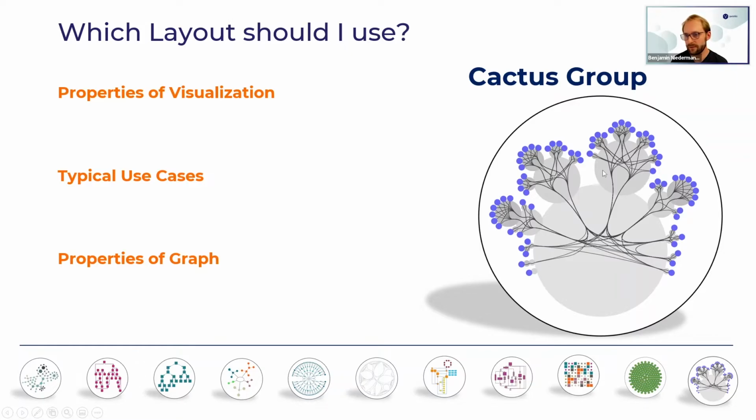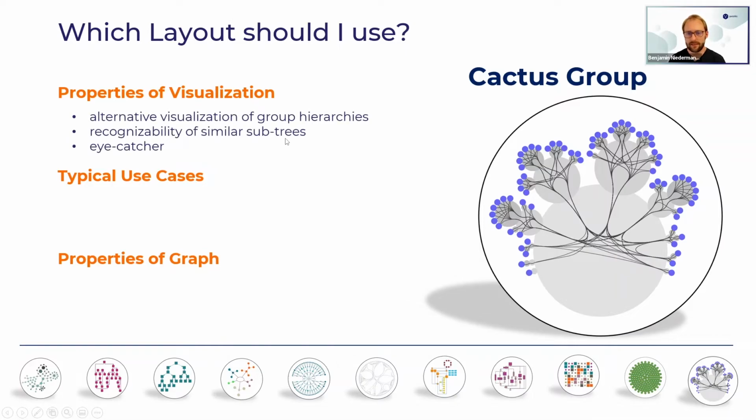For example, this is again a group node, and the children of this group node are placed on the border of this group node, and so on. This gives you this typical fractal layout, which also gives this layout its name, namely it looks like a cactus. You can also show the edges of the nodes in between the groups.